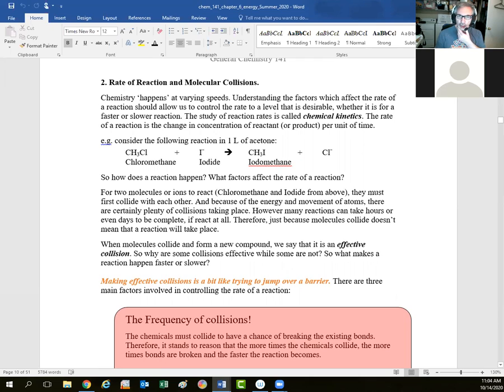We therefore had exothermic reactions if more energy was being given out, and endothermic reactions if more energy was being consumed by the chemicals. So let's move on and talk about collision theory today, and then we'll stop there and leave the introduction to equilibrium chemistry to Friday.